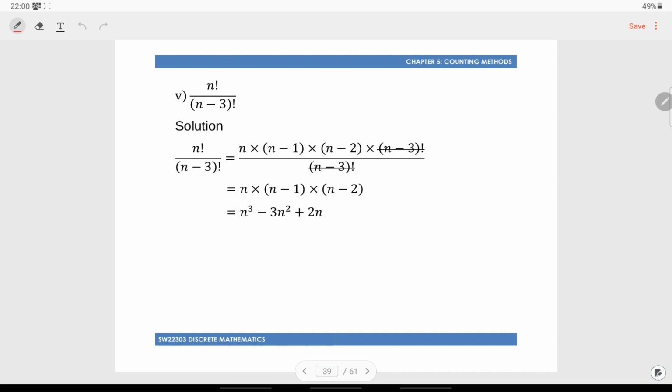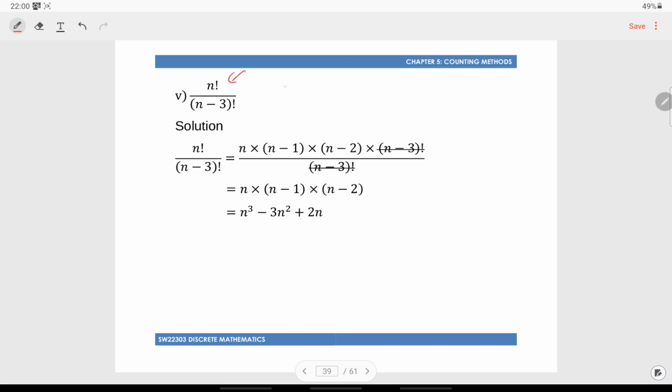Next is n factorial over (n minus 3) factorial. Again, we can simplify by cancelling out the denominator. So how do we bring out the denominator element in the numerator part? We can write n factorial as n times (n minus 1) times (n minus 2) times (n minus 3) factorial.